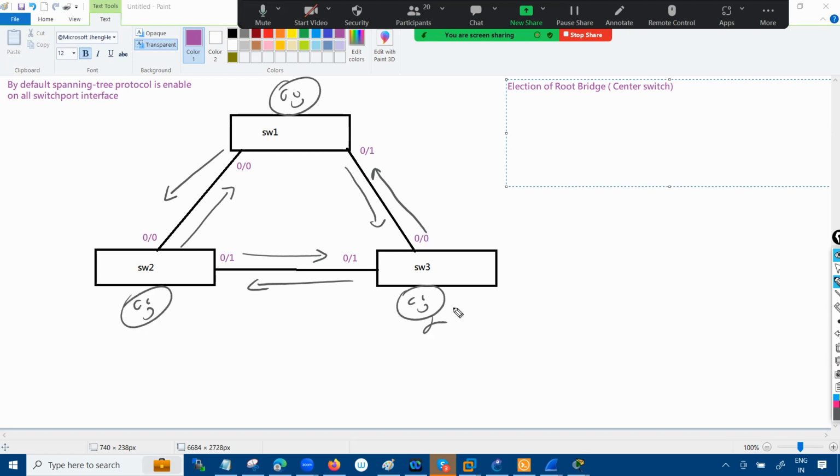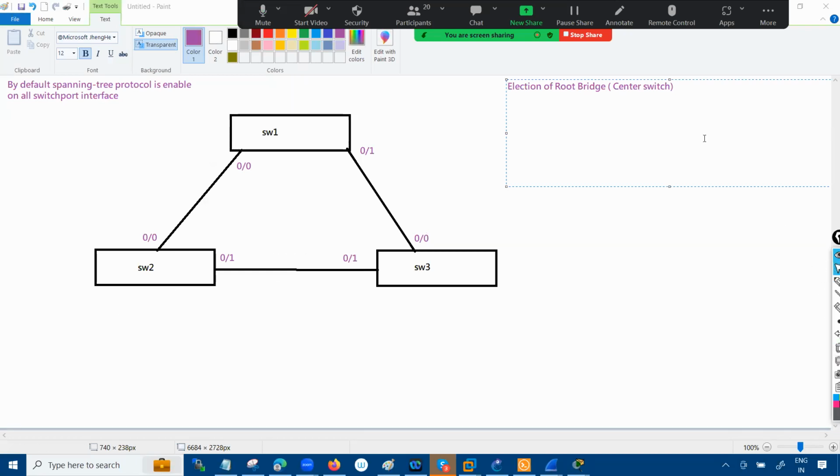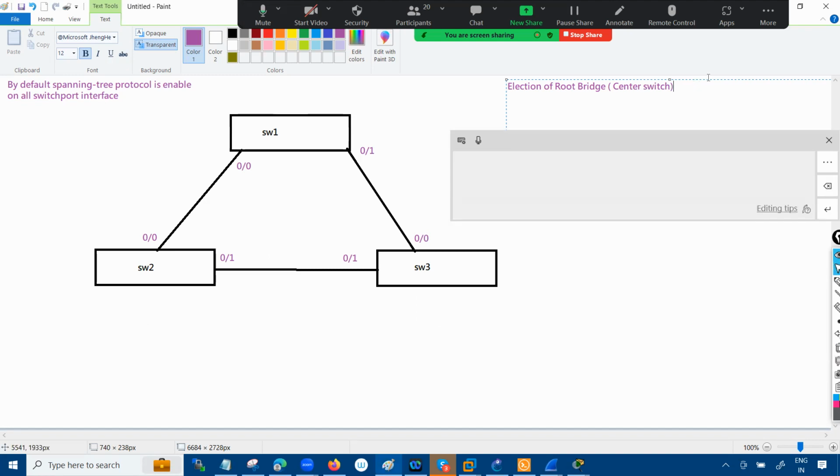It's not possible that everyone can become the root bridge. It's not possible that in a single team, everyone can become the manager. There will be one manager and multiple engineers, and all the engineers report to a single manager. So on the switch side, the knowledge, right?